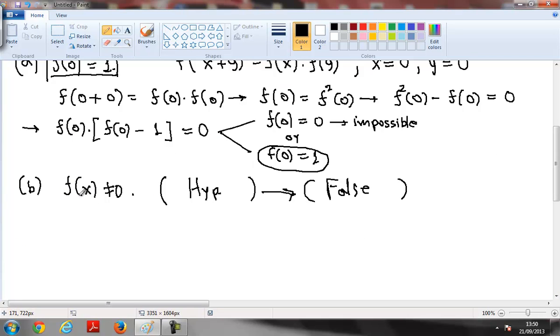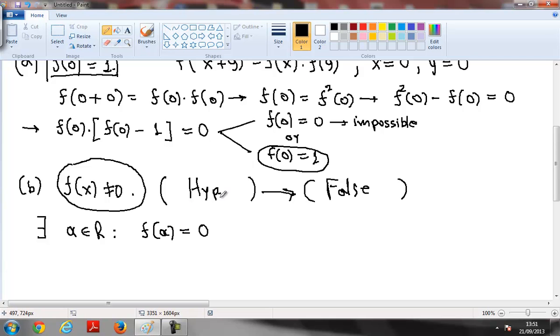And since I want to prove that f of x is different than 0 everywhere, I will take the negation of this proposition here. And what's the negative proposition of f of x is different of 0 everywhere? That there exists some real number a, such that f of a is 0.